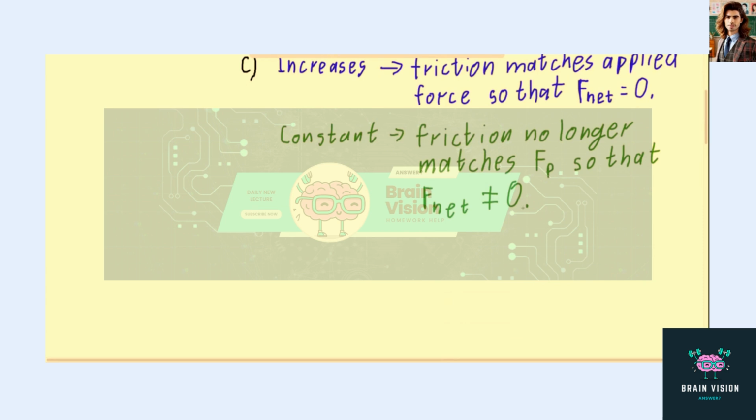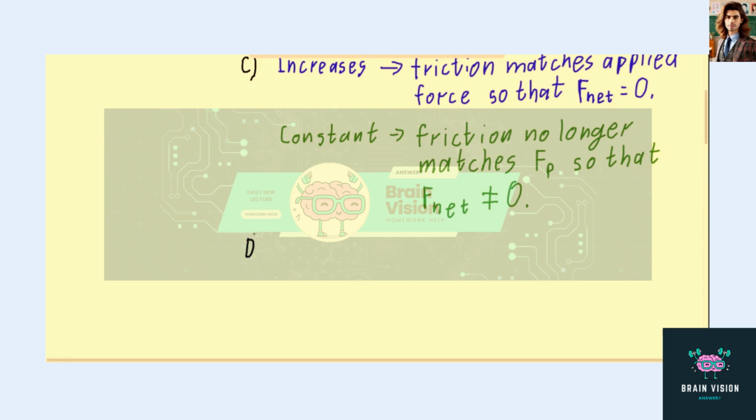Although we have to note that we could move at a constant velocity if we provide the same amount of force as the force of kinetic friction. But the point is that the block is able to move because the forces no longer cancel out as they did previously. Now let's move on to part D.